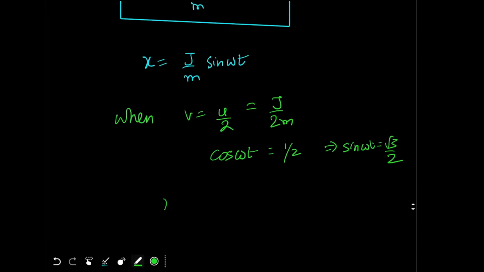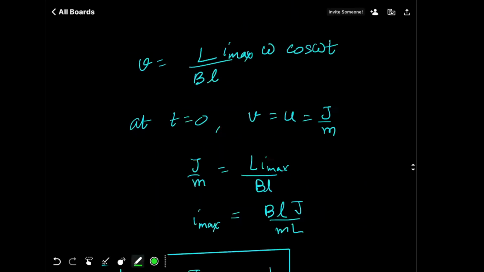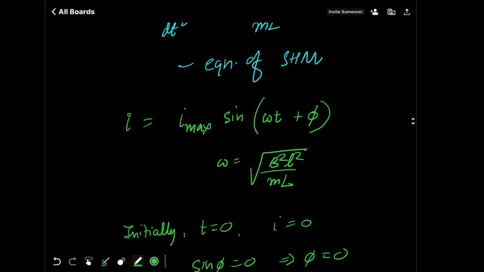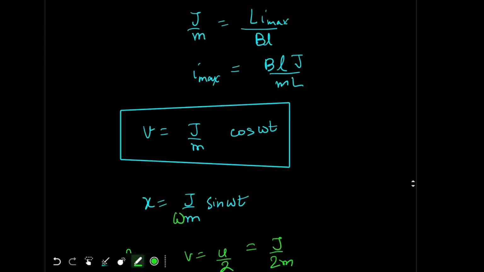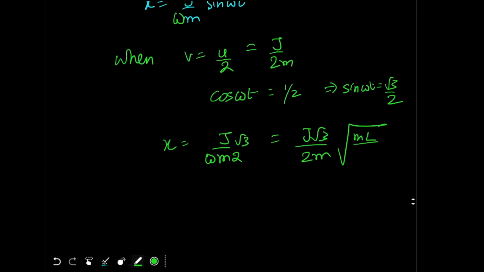So the displacement of the rod will be J by M root 3 by 2. Oh yes, there will be one omega also in the denominator. So this will be J root 3 by 2M under root. What is omega? Omega will be ml by B square L square.